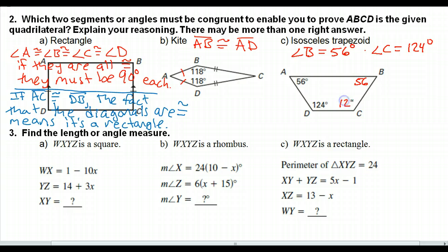And that would make this an isosceles trapezoid. So I guess we could say that angle A would have to be congruent to angle B, and angle D would have to be congruent to angle C.